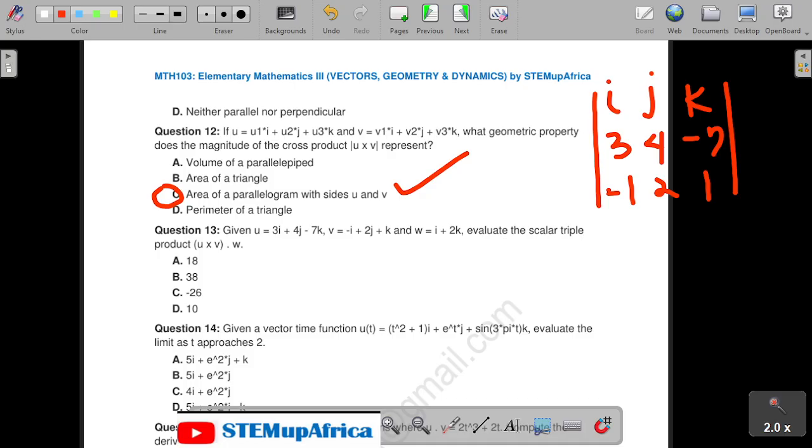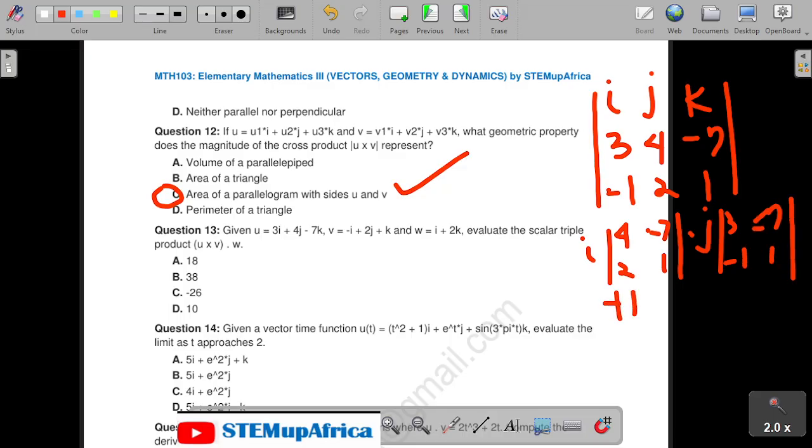So if I evaluate this determinant, I have i into 4 and 2 minus 7, 1, minus j into 3 and minus 1 minus 7, 1, then plus k into 3 minus 1, 4 and 2.